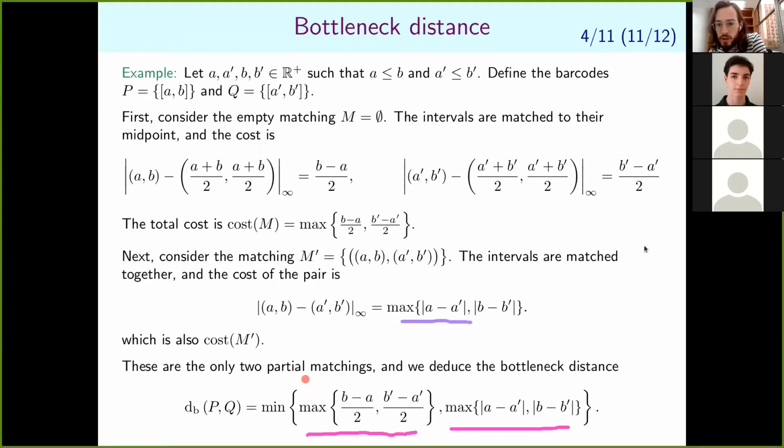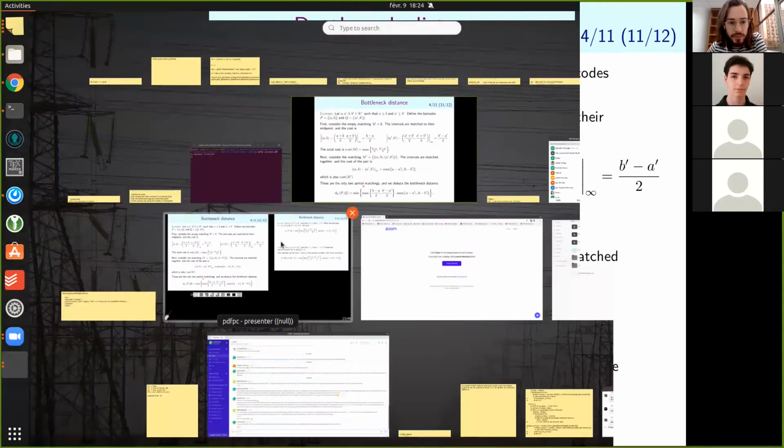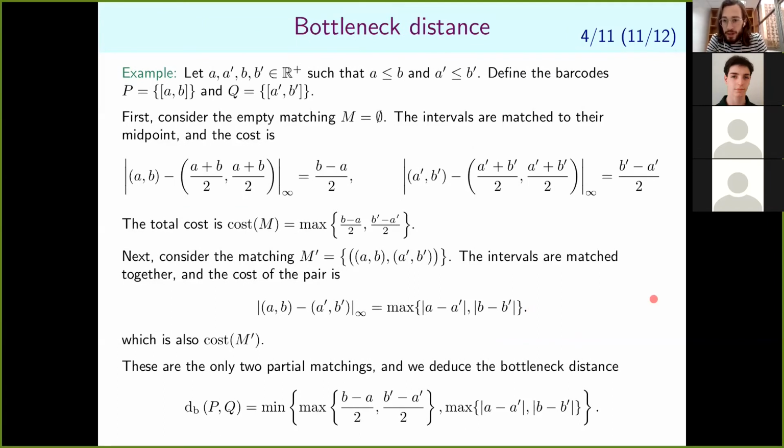Here it is better to not match these two bars, so we get the first term. We get the second term, which is the minimum, when the bars are close to each other. So when we have something like that, it is a good idea to match them.